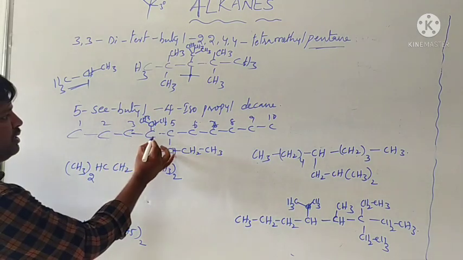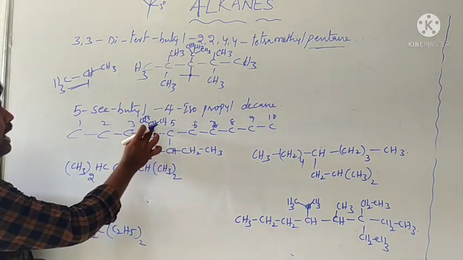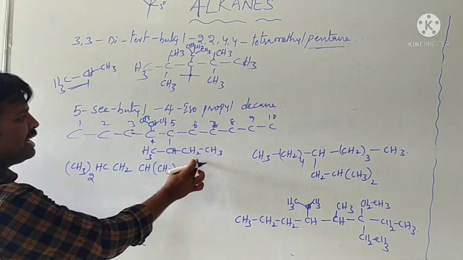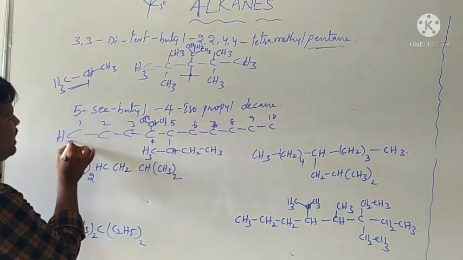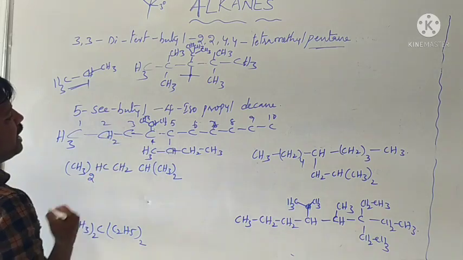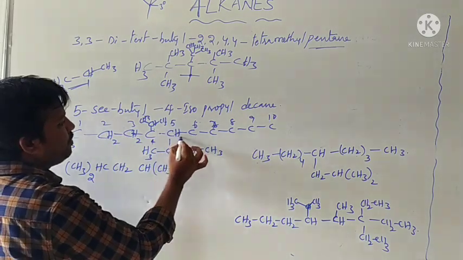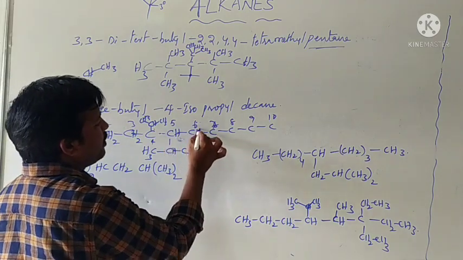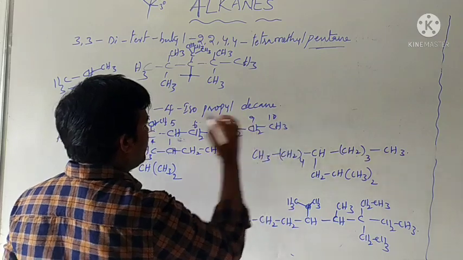Isopropyl at the 4th position: 1, 2, 3, 4. 4-isopropyl, 5-secondary butyl, and that is decane. Therefore, the remaining carbons are filled according to their valency with hydrogens: CH2, CH2, CH2, CH2, CH3.